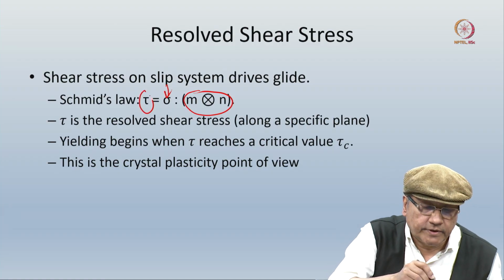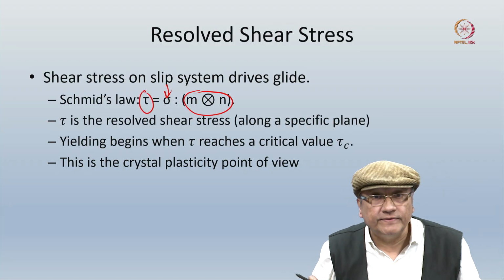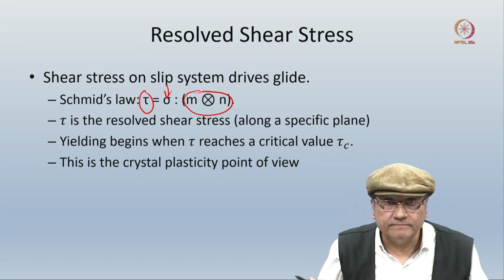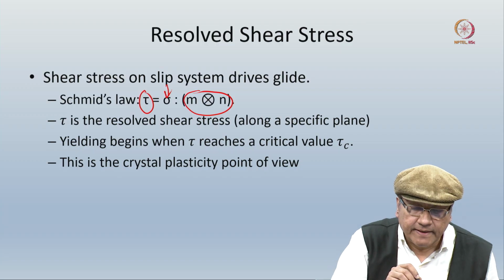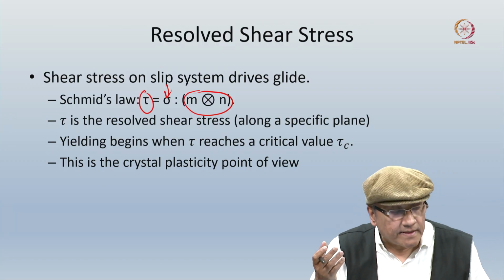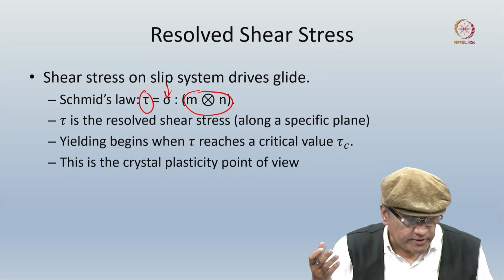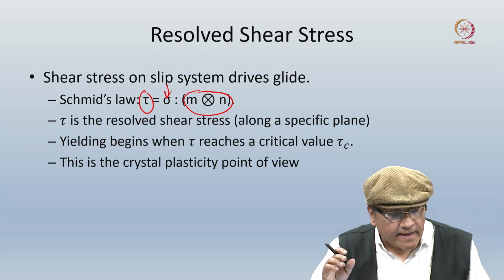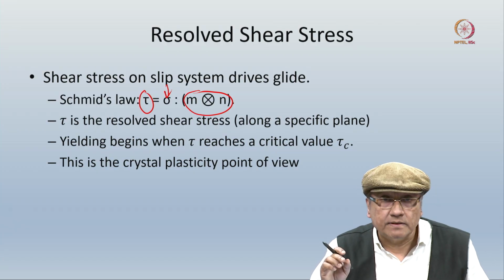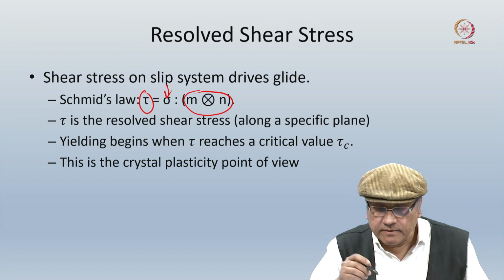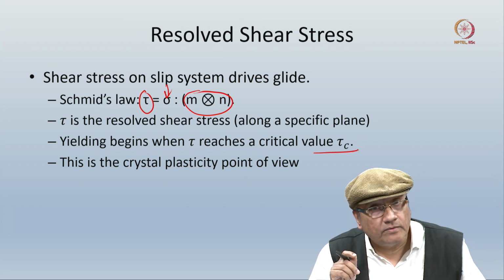This tau is called the resolved shear stress along a specific plane given by m tensor product n. Yielding begins, according to Schmid's hypothesis or law, when this resolved shear stress reaches a critical value tau c.